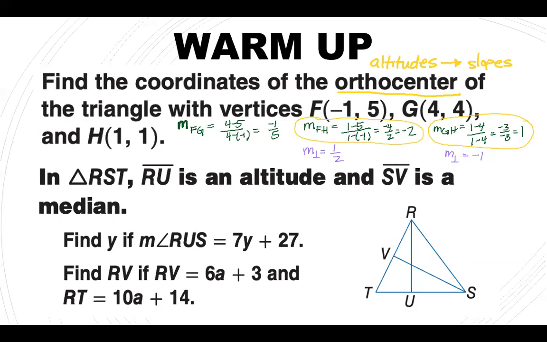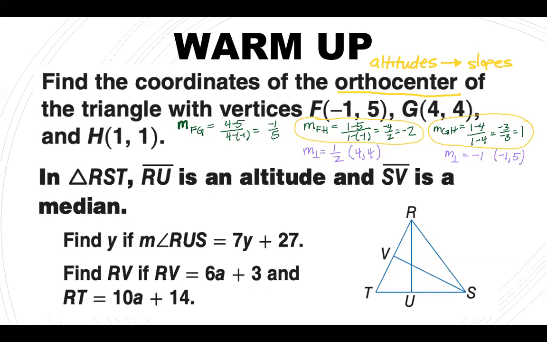Then my altitude has to go from the vertex perpendicular to that side. So if the side is FH, then the vertex would have to be 4, 4. Does that make sense? And if the line here is GH, then the vertex has to be -1, 5. So I don't know if that makes any sense.